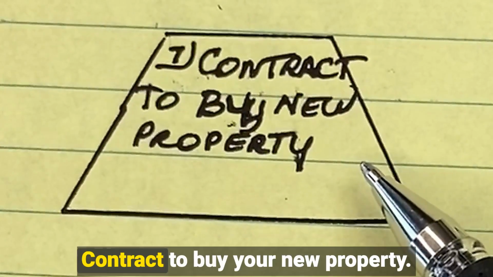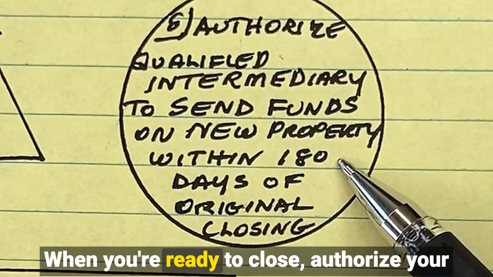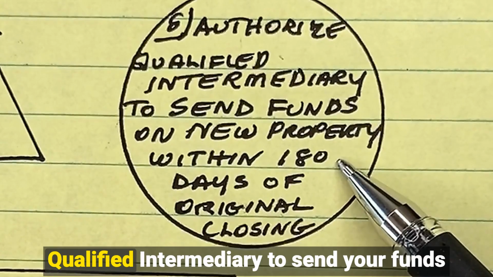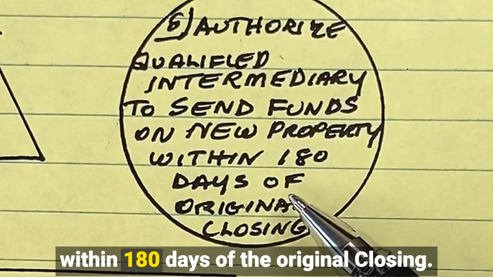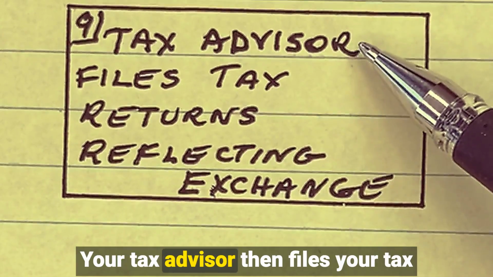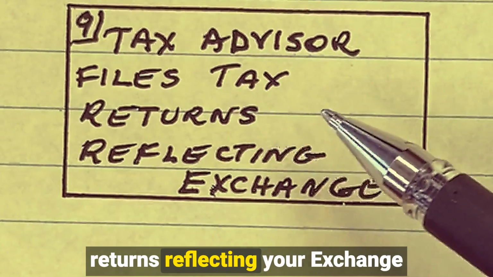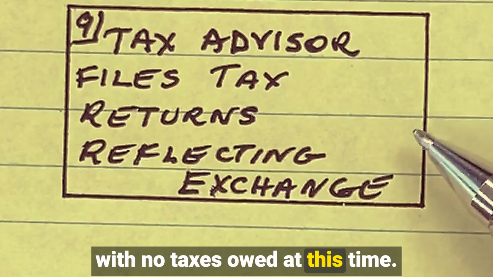Number 7, contract to buy your new property. Number 8, when you're ready to close, authorize your qualified intermediary to send your funds to your new escrow for your new property within 180 days of the original closing. Number 9, your tax advisor then files your tax returns reflecting your exchange with no taxes owed at this time.